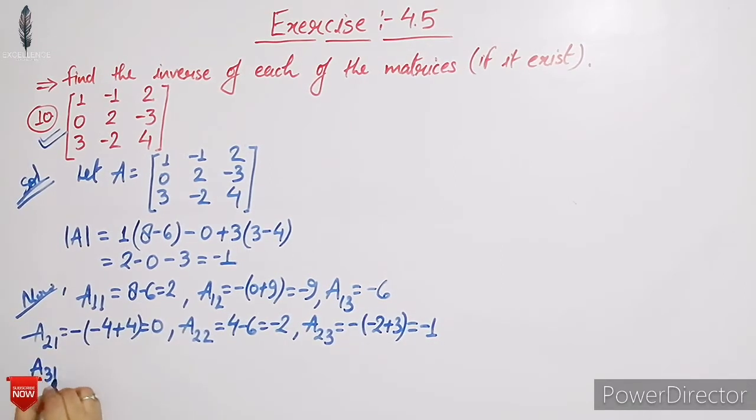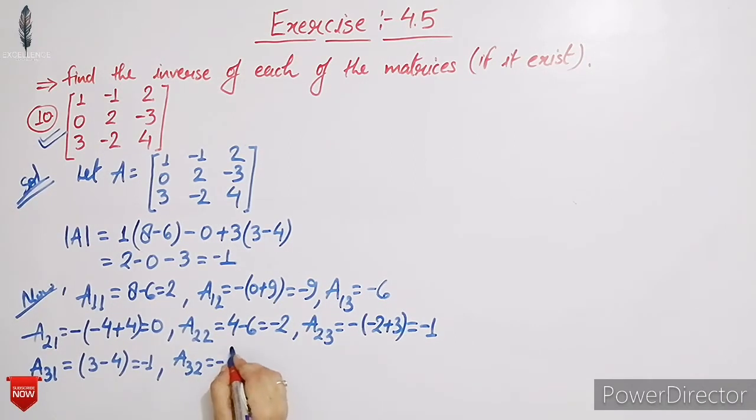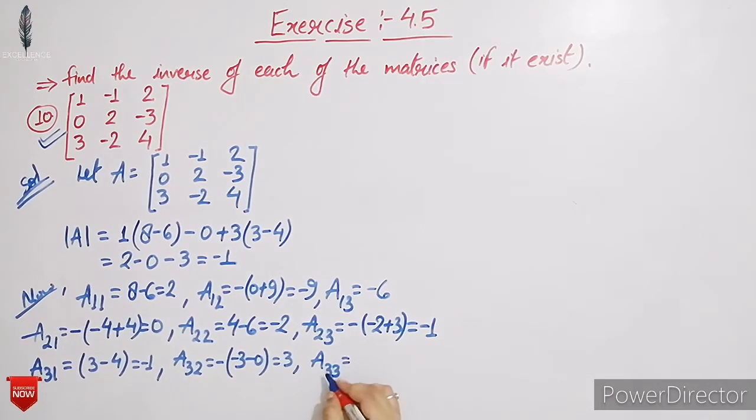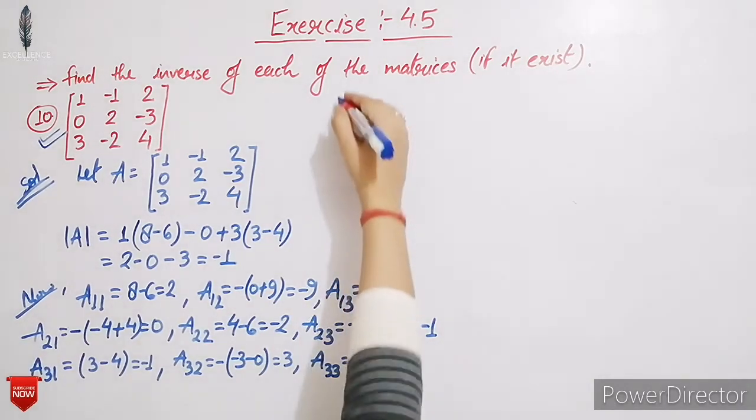And A31 is equal to 3 minus 4, which equals -1. A32 is negative M32, so negative of (-3 minus 0) is equal to 3, and A33 is positive M33, and M33 is 2 minus 0, so A33 is 2.